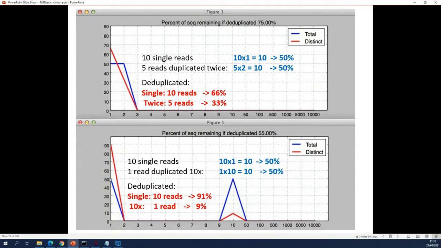So in the blue you get 50% here at 1 and 50% here at 10. When you now deduplicate, you get 11 reads when you remove all the duplicates. 10 of these 11, or 90%, were single. That's what you see here. And one of these 11 was duplicated 10 times. So 10% was duplicated 10 times. And that's what you see here.